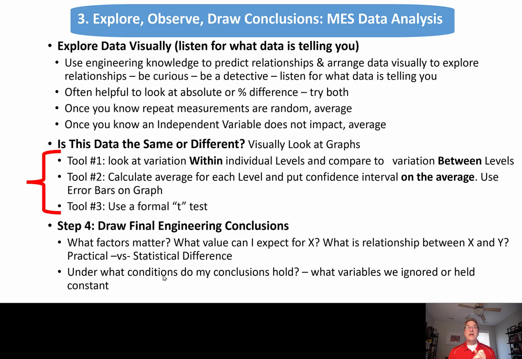And hopefully you're seeing the design of your experiment is critical, because if you don't hold variables constant, if you don't measure them, then you may see things in your data but not have the information to analyze that. Or you may want to be able to draw conclusions for certain conditions, but you didn't include them as variables. The design of your experiment is critical, so be careful with it.